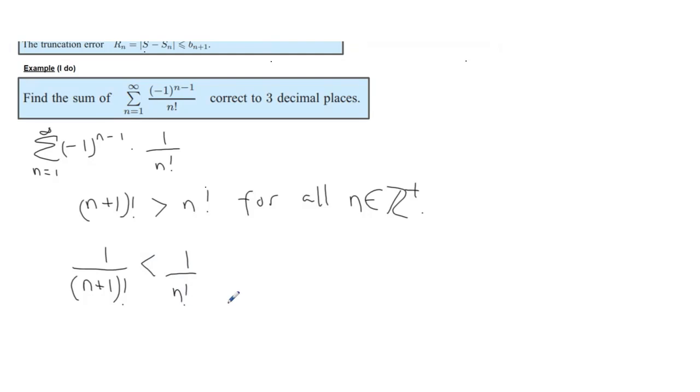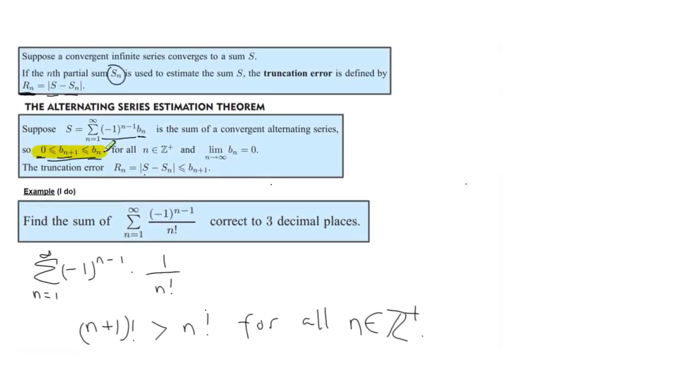And everything's positive. Any factorial will always be positive because it's just lots of positive numbers multiplied together, so it's always greater than 0 as well.